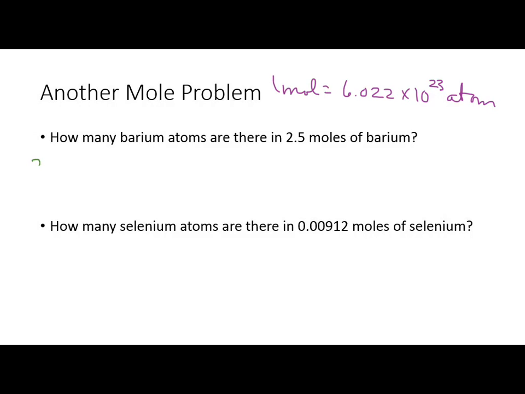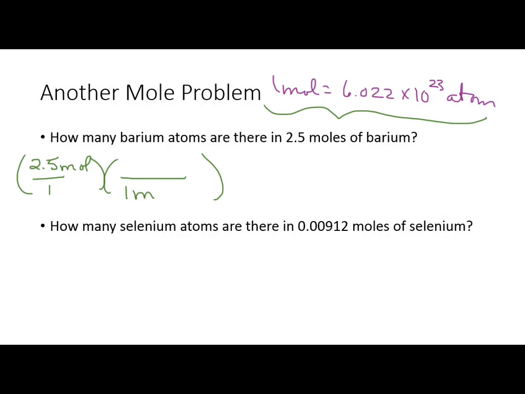In this approach, we always start with the number that you want to convert, which is 2.5 moles over 1. And again, I'm going to use that equivalency statement at the top right-hand corner, but I'm going to use it so that moles cancel. So I'm going to put 1 mole on the bottom, and on the top I'm going to put Avogadro's number, 6.022 times 10 to the 23rd atoms.